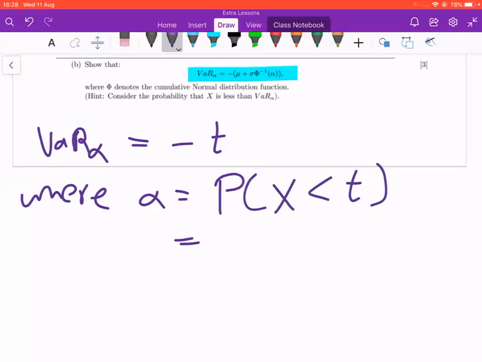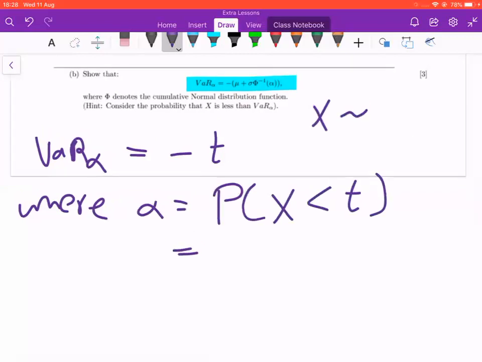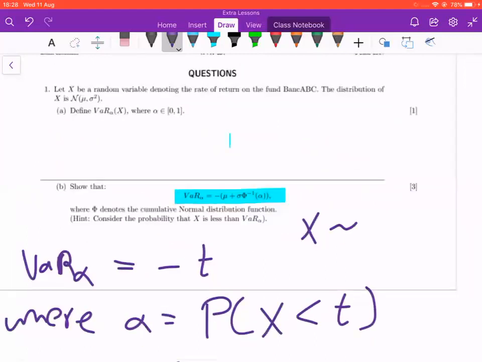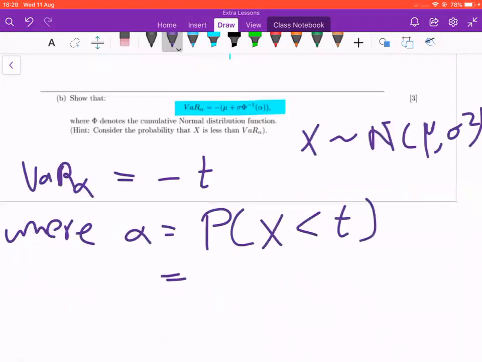They tell you that x is the rate of return and is normally distributed with mu and sigma squared. If this is the case, it is going to be much easier to standardize.